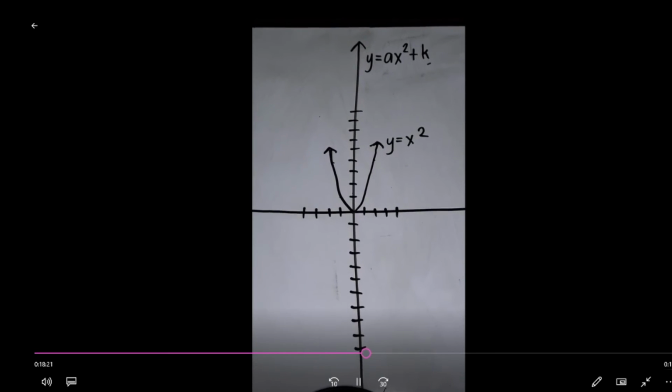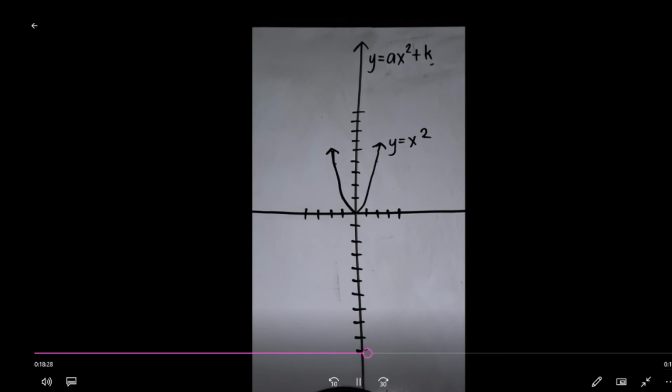Okay, so now let us have y is equal to ax squared plus k. So for the set of graph of the form y is equal to ax squared plus k, changing the value of k leads to the vertical movement of the graph.